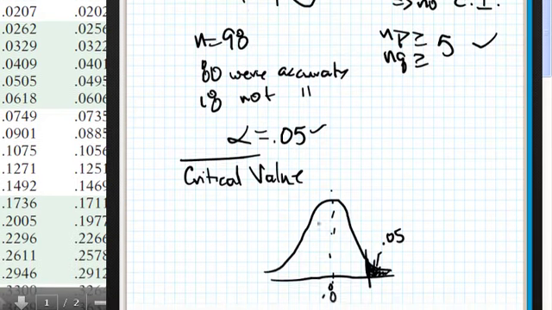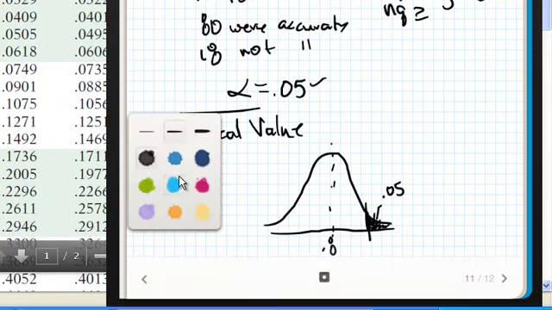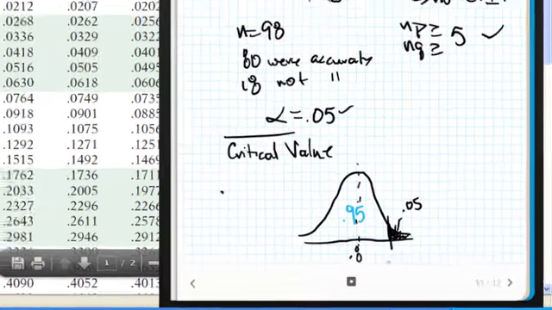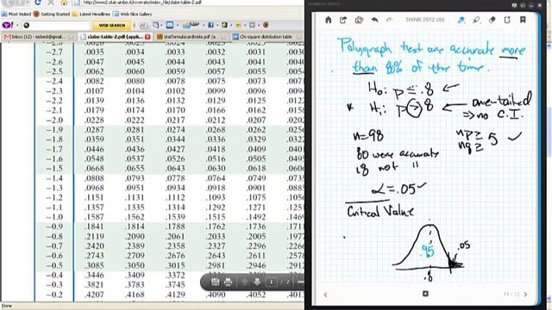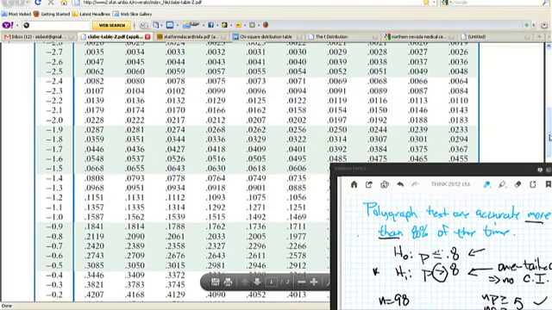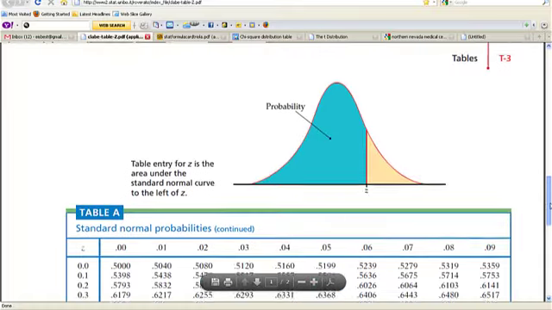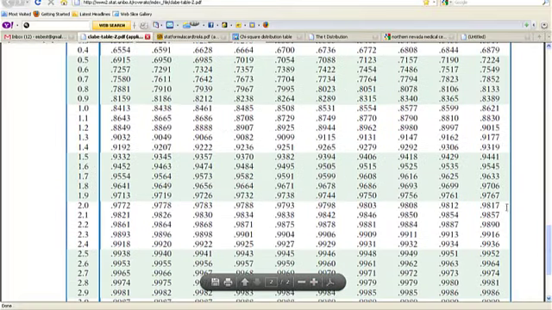All right? So there's lots of ways to do this. If I want to get fancy, I can think of this as being 0.95 to the left of whatever this critical value is. So I'm going to head over here because my chart only gives me values to the left, and I'm going to look for 0.95.